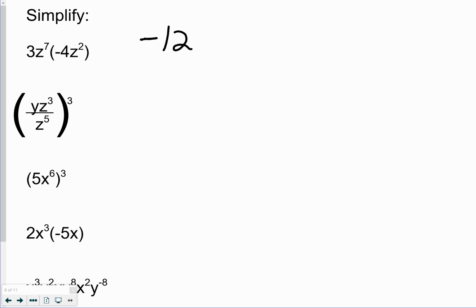Then I see z to the 7th power times z squared. This is multiplying with the same base. So what am I going to do to the exponents 7 and 2? You're going to add them and get z to the 9th power. Questions?